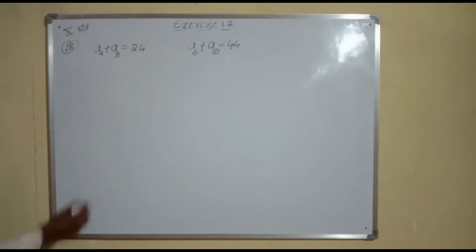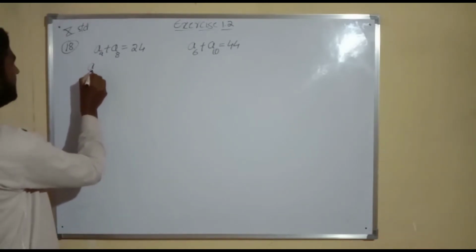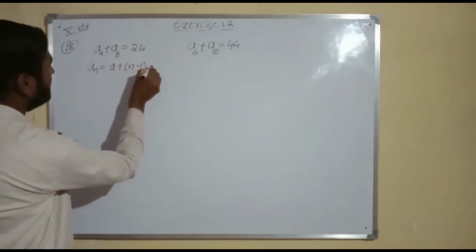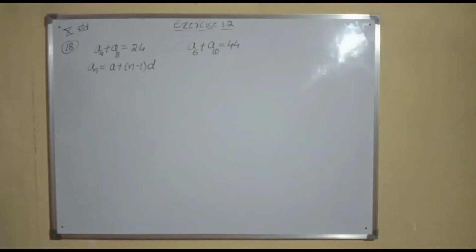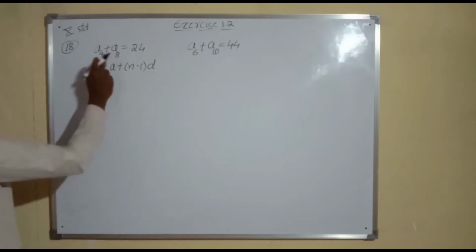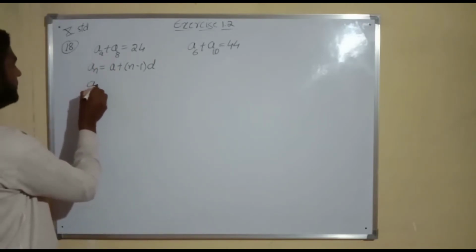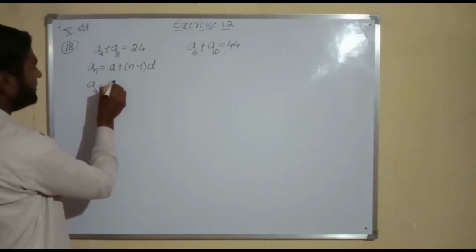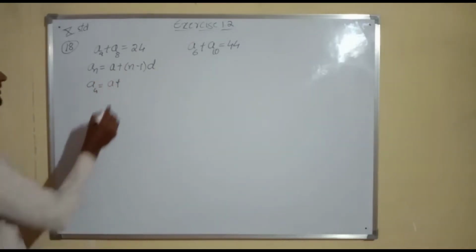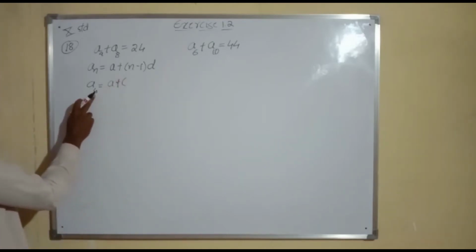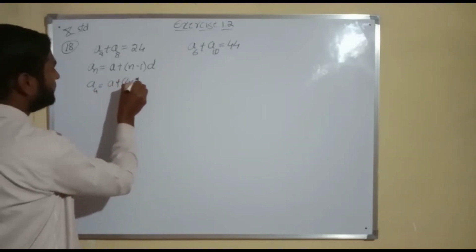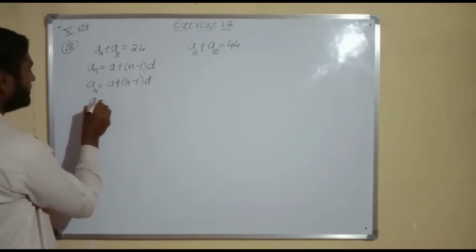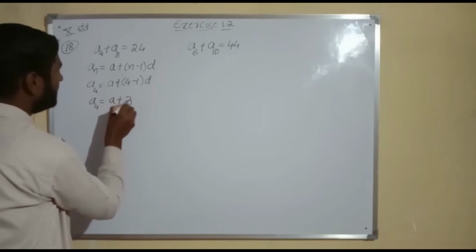Here, we know what an is. The nth term is a plus (n minus 1) into d. So if you come to the fourth term, A4 is equal to a plus, since n is 4, (4 minus 1) into d. That means A4 is equal to a plus 3d.